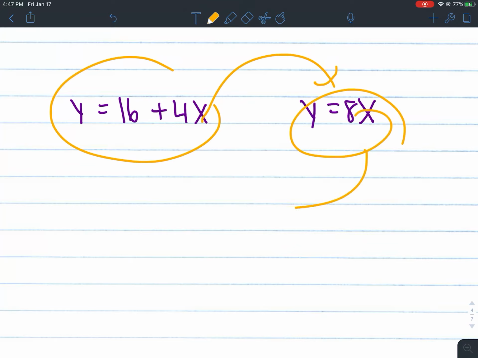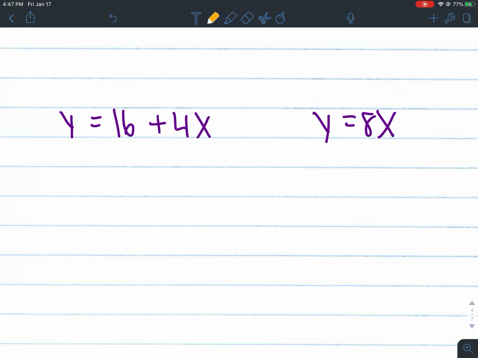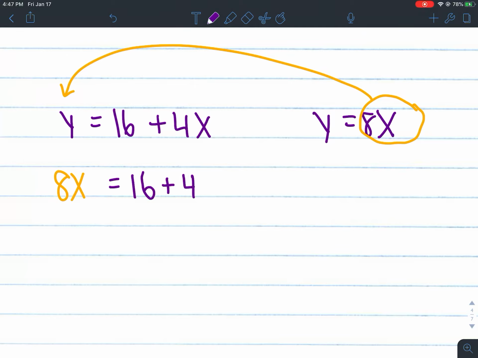We can plug this one into that one, or that one into this one. Let's just pick one. Let's pick this one. y is already by itself, so let's plug in 8x for the other y. Then I have 8x equals 16 plus 4x.